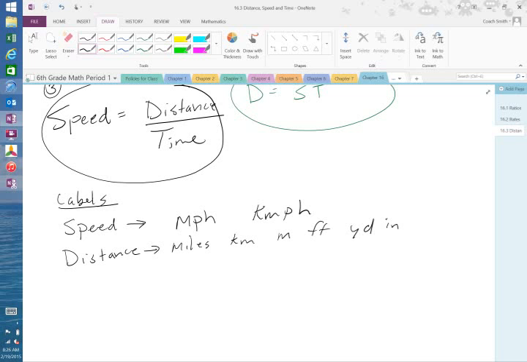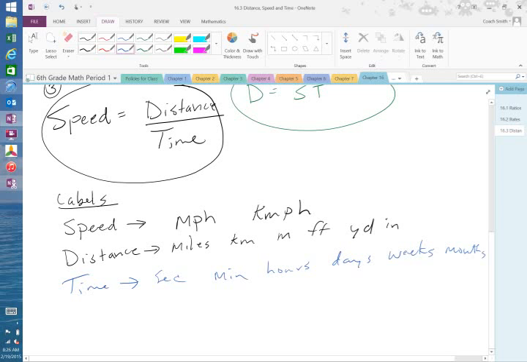And then obviously time is easier because it has seconds, minutes, hours, days, weeks, months. In time, we all use the same unit of measurement. Whether we use metric or standard measurements, we all use the same one.